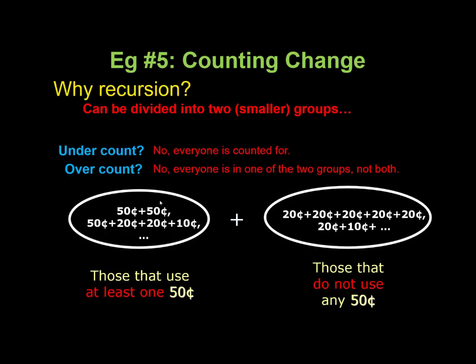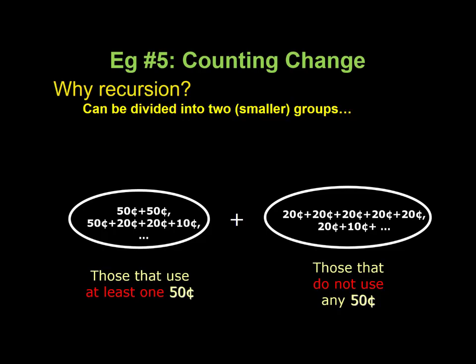So we now know that this is a correct division of the problem into 2 problems. Then why are these 2 really smaller problems? Because the count here is going to be a number smaller than the original problem, and the count here is going to be a number smaller than the original problem too. So we now know the problem has recursive structure, but we are still missing the base cases.